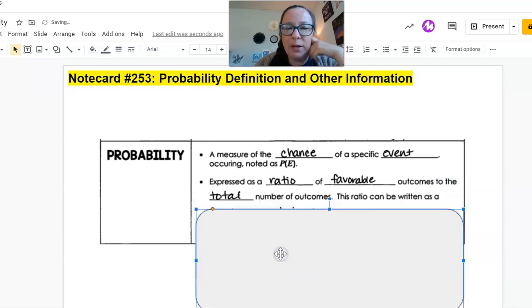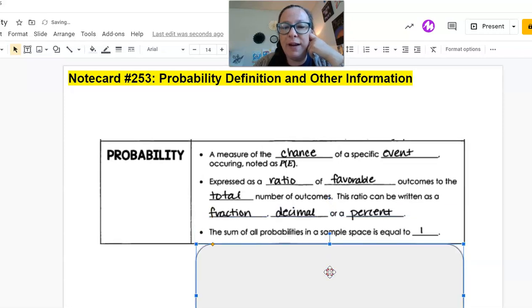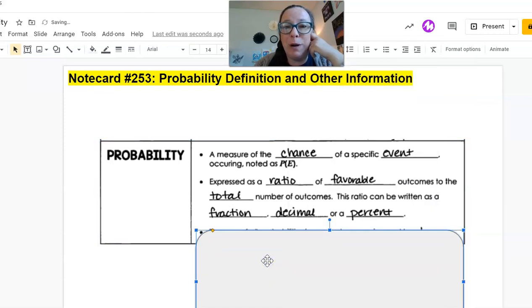The next thing I want to talk about is how probability can be expressed. It can be expressed as a ratio of favorable outcomes to the total number of outcomes. The ratio can be written as a fraction, a decimal, or even a percent. So there's 3 ways you can write the answer for probability: a fraction like 1/5, a decimal like 0.2, or a percent like 20%.